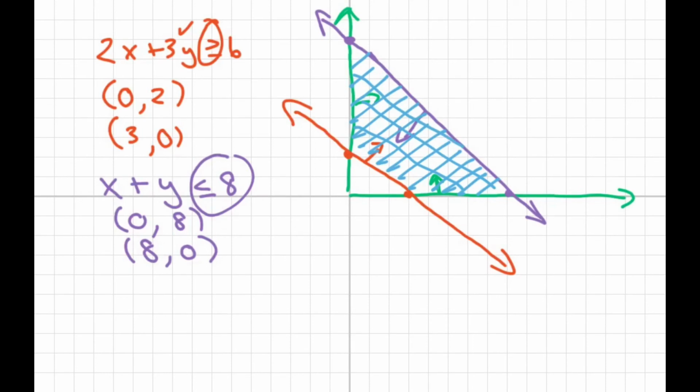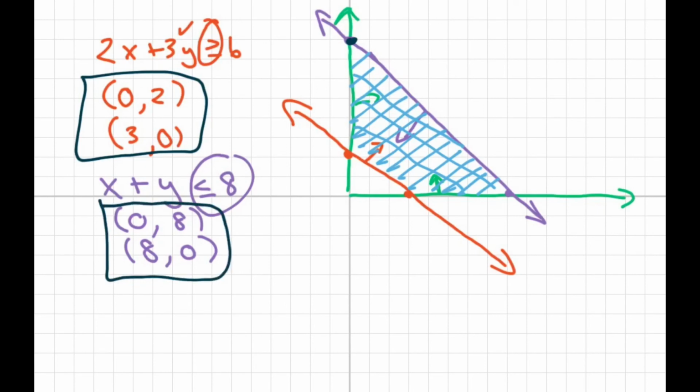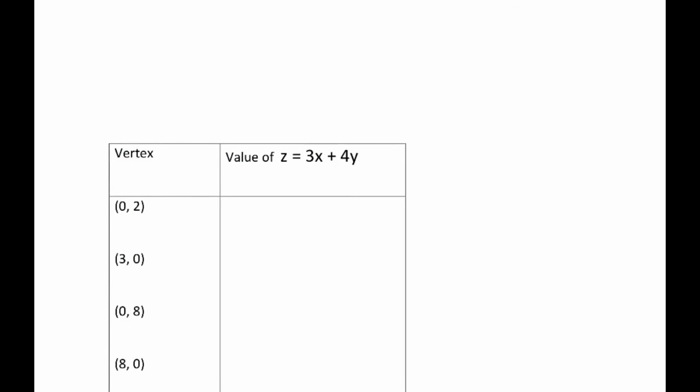Anyway, so let's write down our corner points. Our corner points are actually just these, so I don't need to write them down again. These were pretty easy. And so now all we have to do is minimize this, and I'm going to plug in. I wrote my corner points down as the vertex, and I just plug in everything. So we get z equals 3 times 0 plus 4 times 2. That equals 8.